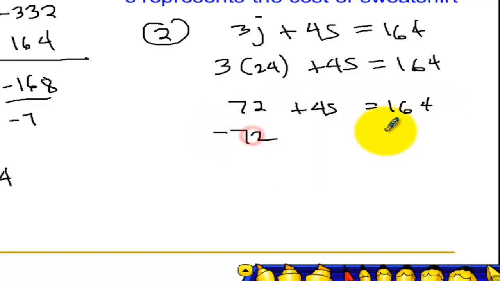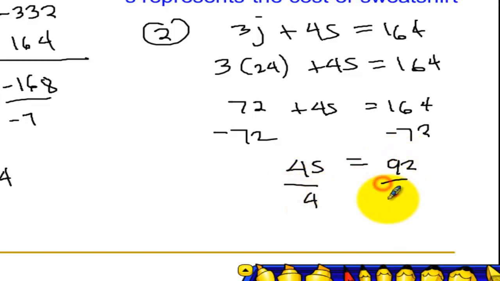Subtract 72 from both sides. We will have 4S equal to 92. Divide by 4, and we are going to get S equals 23. So in this problem, S is equal to 23, and that's the cost of a sweatshirt.